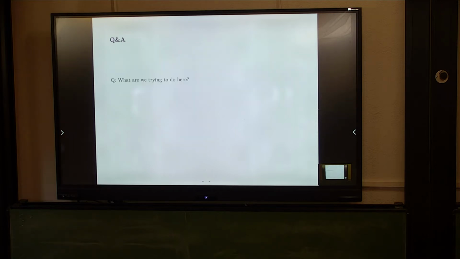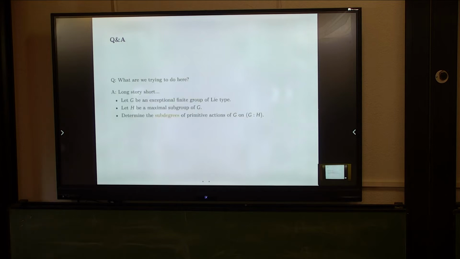And what we're trying to do then, by now I guess you don't remember what I set out to do, which is fair, because I also realized only very recently that I had been thinking about a different question, slightly less useful and slightly harder. So let's actually start out our question. We take our exceptional finite groups of Lie type.